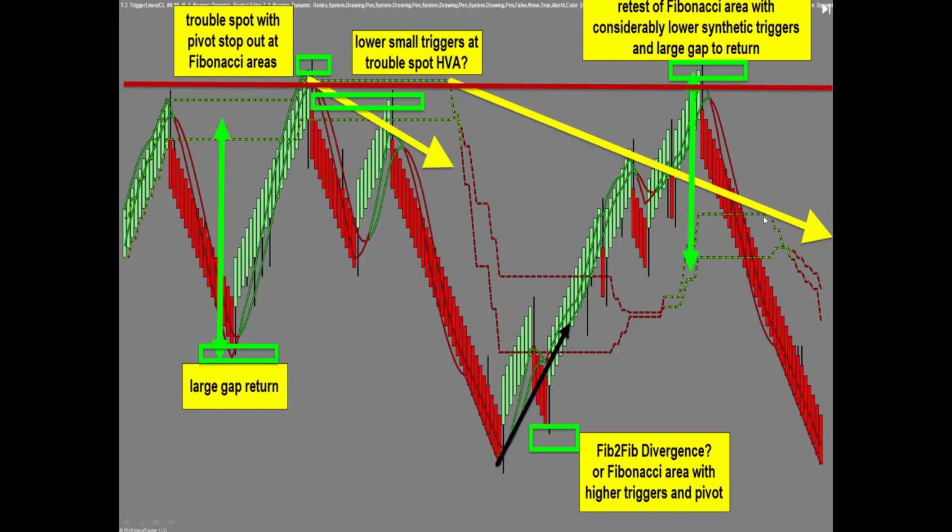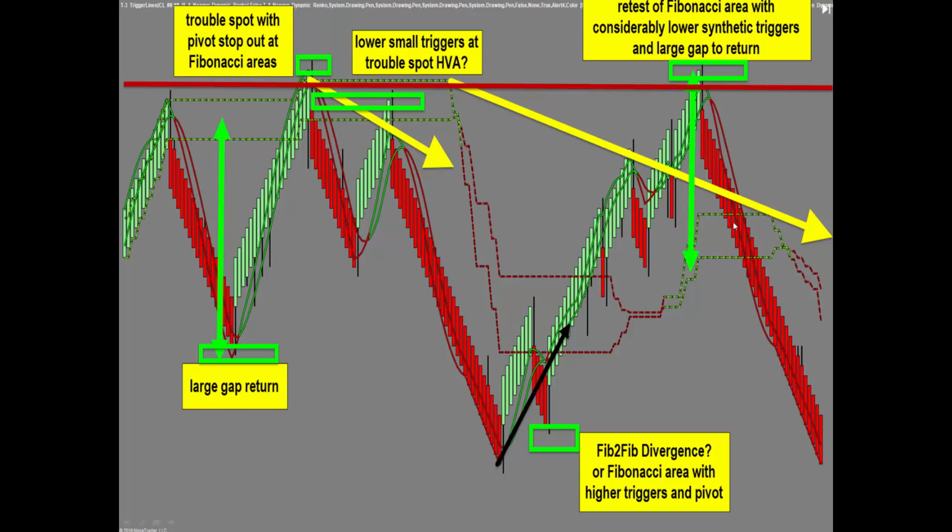So notice the location of your synthetic triggers well below this Fibonacci resistance. A big gap to get back to them, represented by this green arrow, and the small triggers didn't break through Fibonacci resistance.